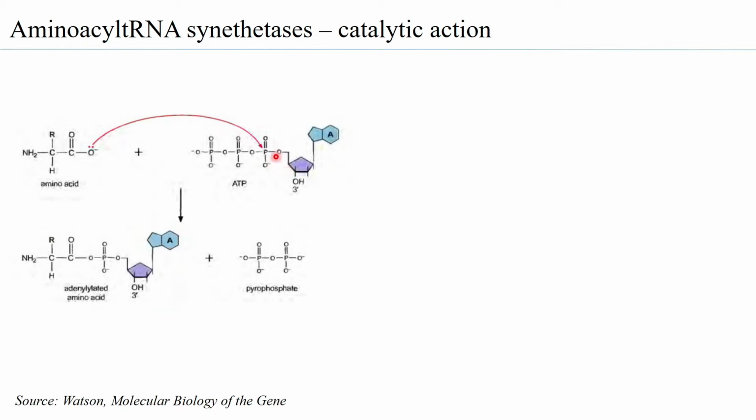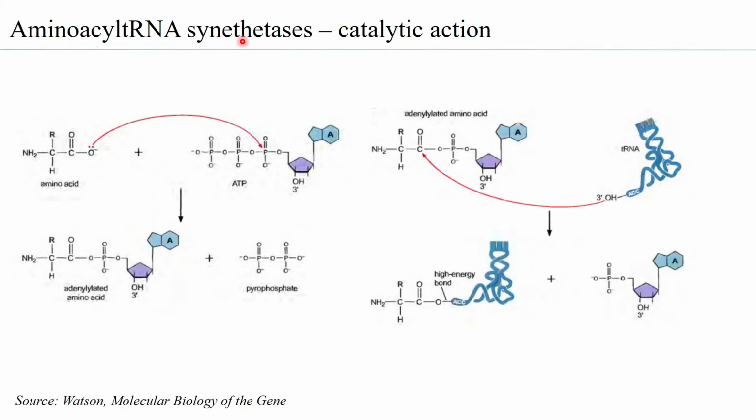Okay. So therefore, the first step in the entire process is that an amino acid binds to an AMP. Because it is binding to an energy-rich molecule, it is called activation of the amino acid. So thereby, this adenylated amino acid is now present within the active site of the aminoacyl-tRNA synthetase.